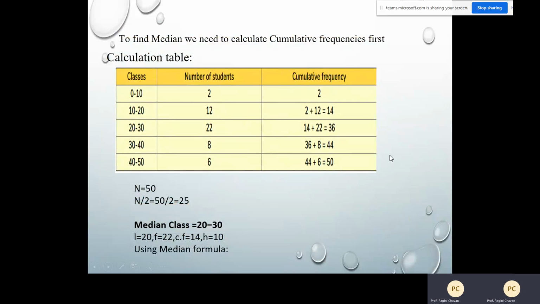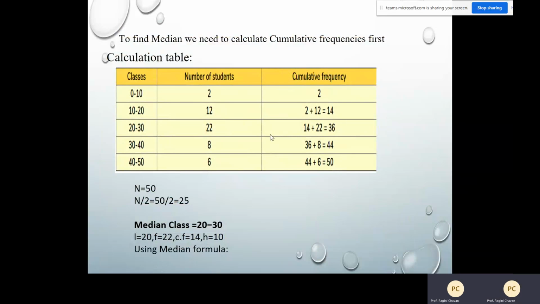Like this we need to find all the cumulative frequencies and then the quantity N by 2. So N by 2 is 50 by 2, which comes out to be 25. By this number we can find the median class. The median class is the class for which the less than cumulative frequency is first time greater.